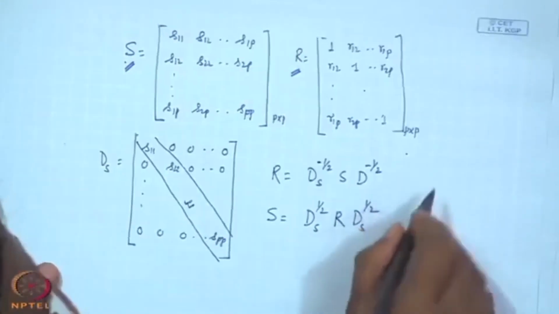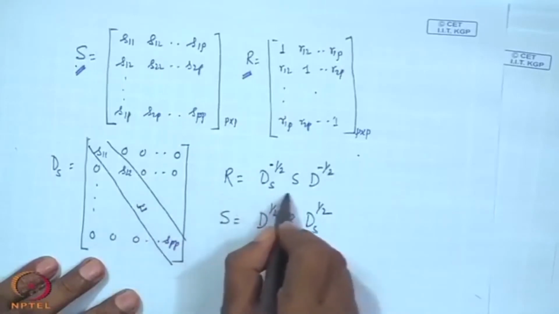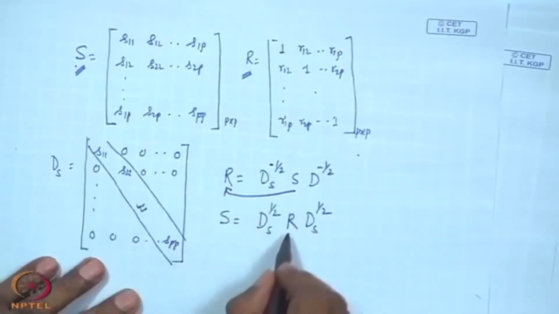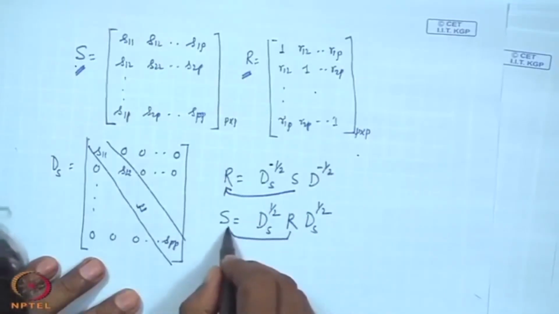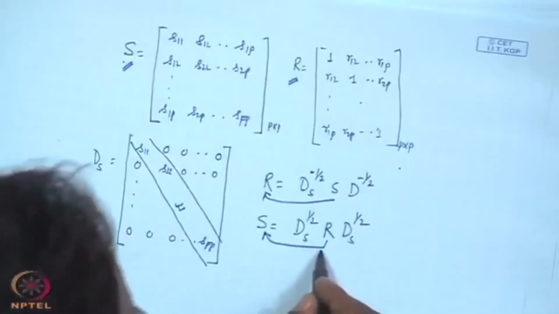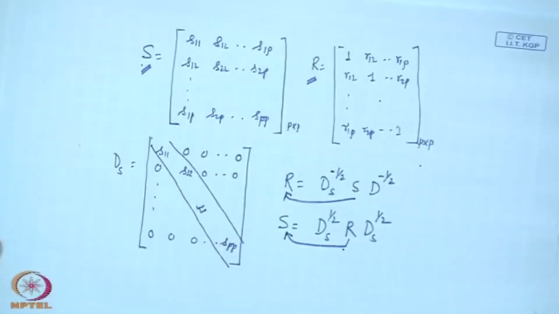So, this one is from covariance to correlation, and here correlation to covariance. The only thing you require in the second case is the variance components of all the variables considered.